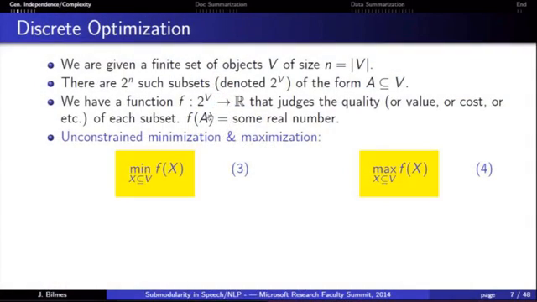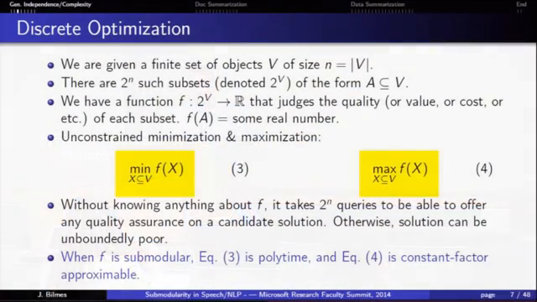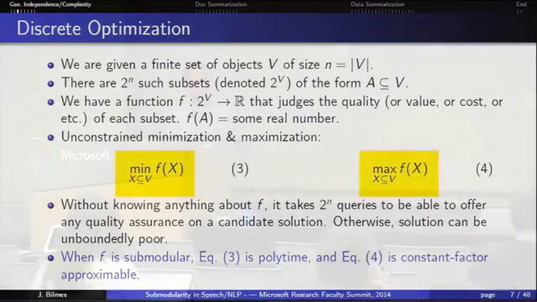And so 2 possible optimization problems we might be interested in, in the unconstrained form of optimization, are basically just finding the subset that has minimum value, or finding the subset that has maximum value. And if f is arbitrary, then these optimization problems are hopelessly intractable and in fact inapproximable. But it turns out that when f is submodular, equation 3 can be done in polynomial time.